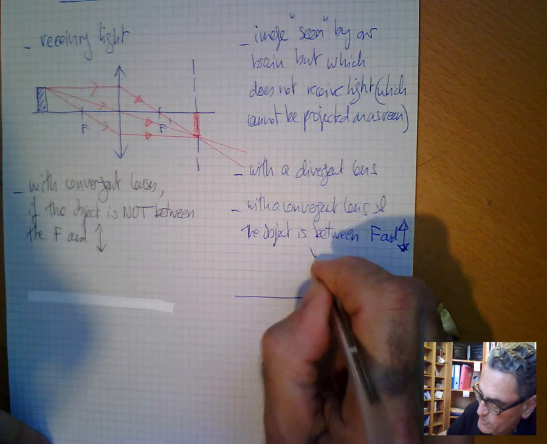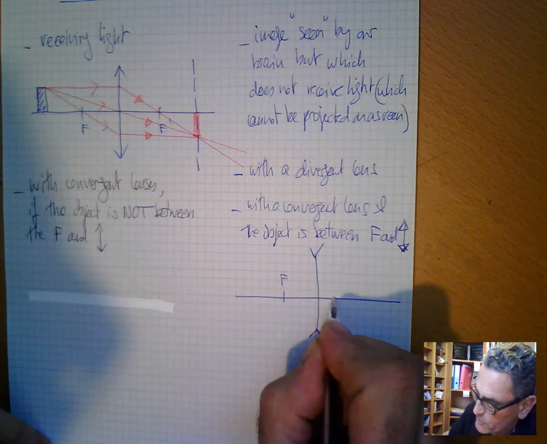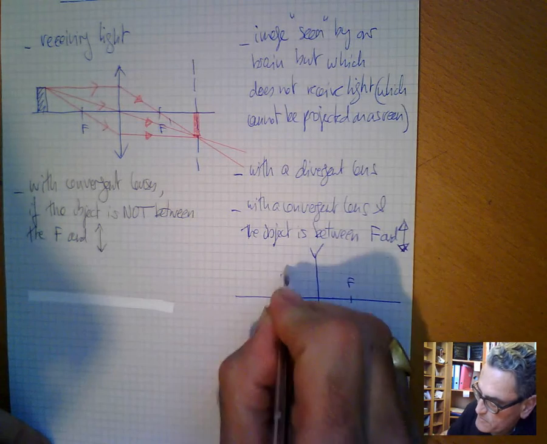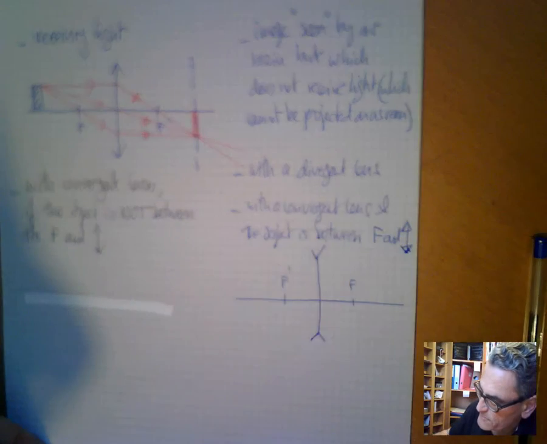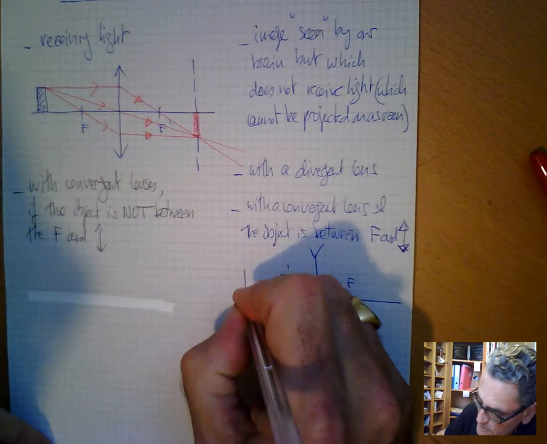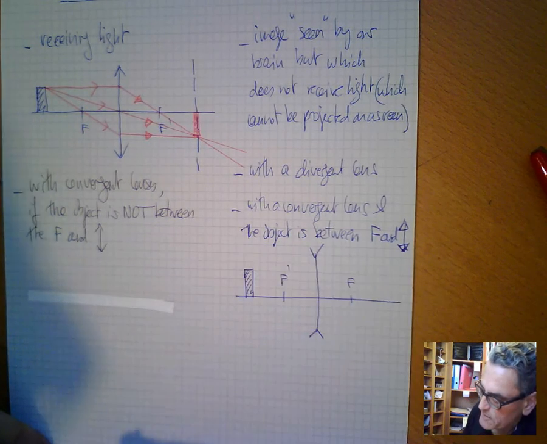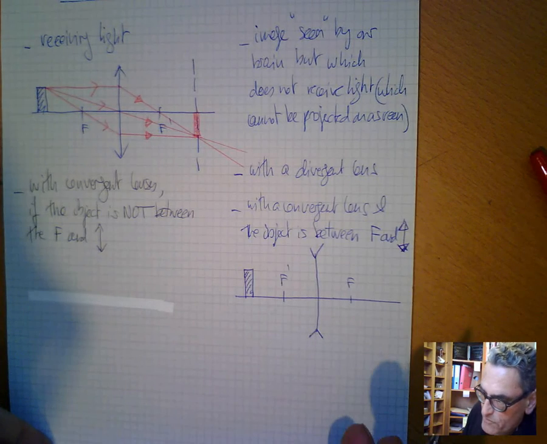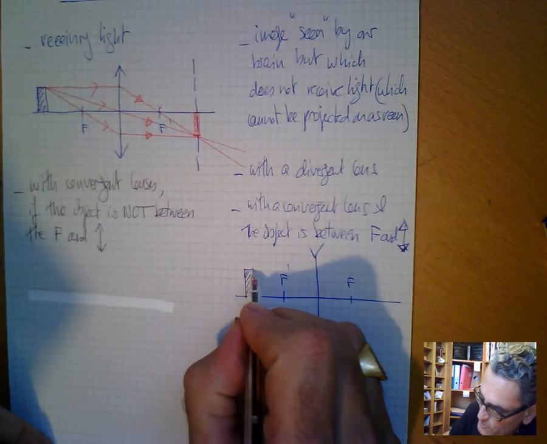So here I have a divergent lens. Here, let's say this is the focal point. Okay, and let's say I have an object here. Okay, where is the image of that object? Do I have an image? Well, let's trace the rays.